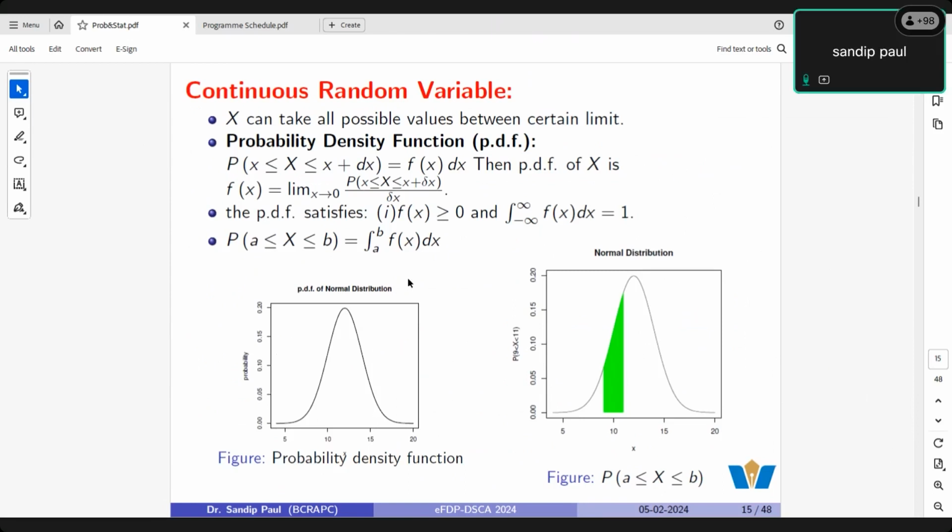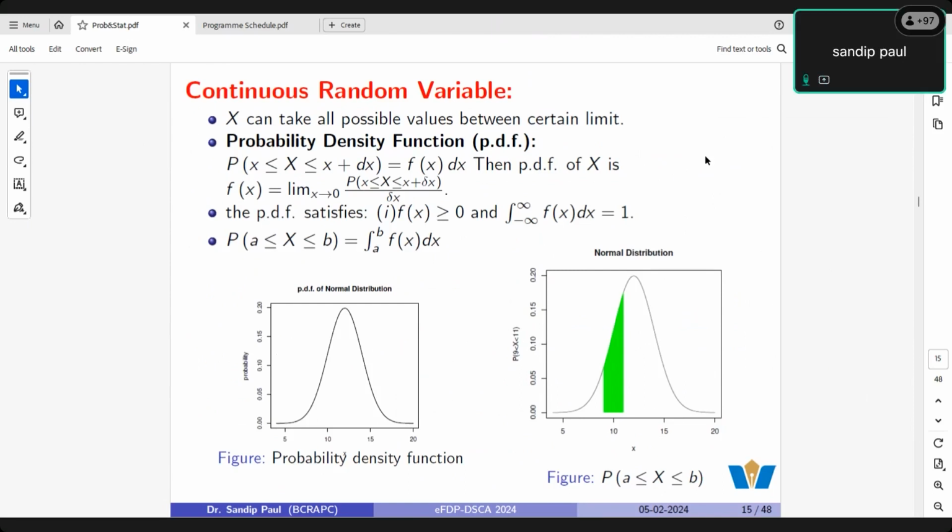Now, the continuous random variable. In the case of a continuous random variable, we cannot write all the values of x like previously. Here x is given in some limits or in some interval.